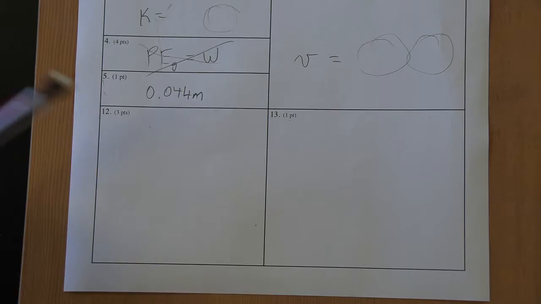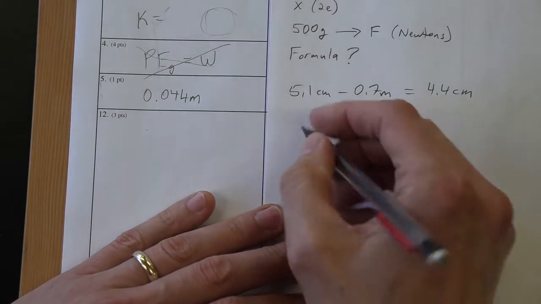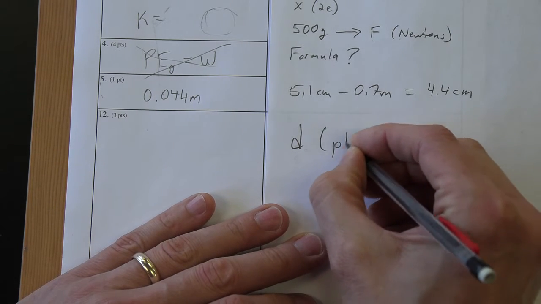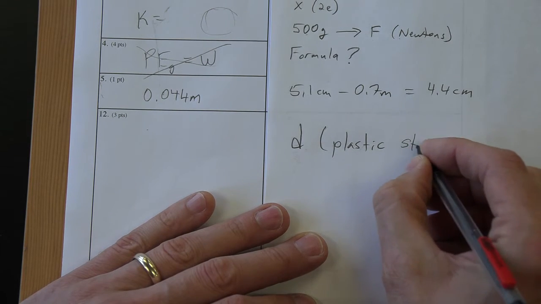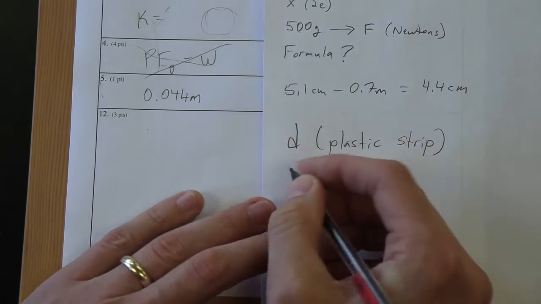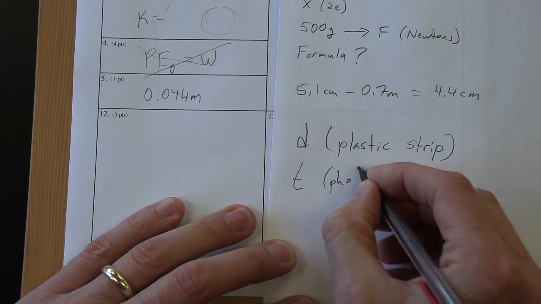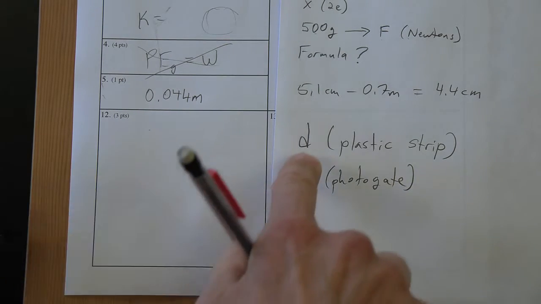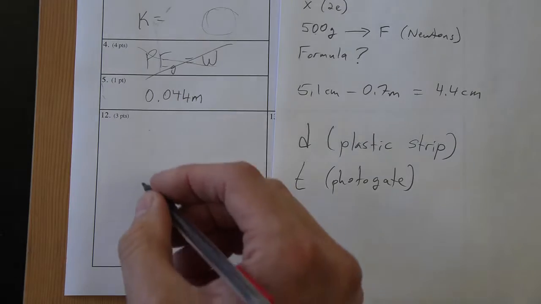What do we have to allow us to calculate this velocity? Well, at this point we have a distance that came from the plastic strip, the thing that stimulated the photo gate. We have a time that came from the photo gate. Again, you're going to get these two pieces of information in the Google Stream.